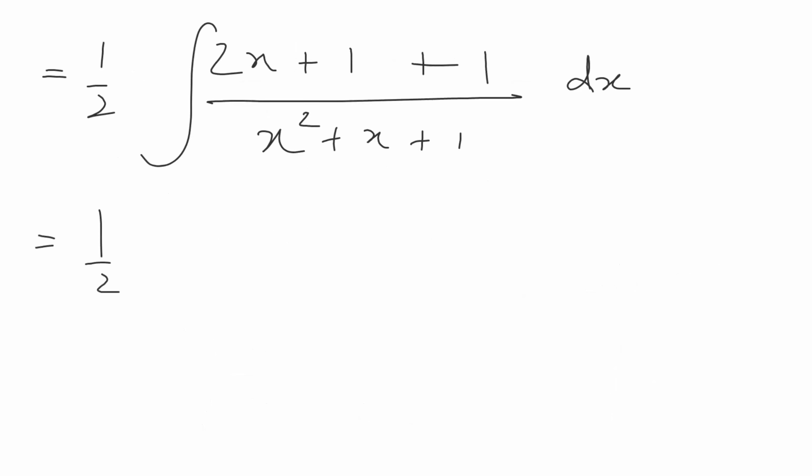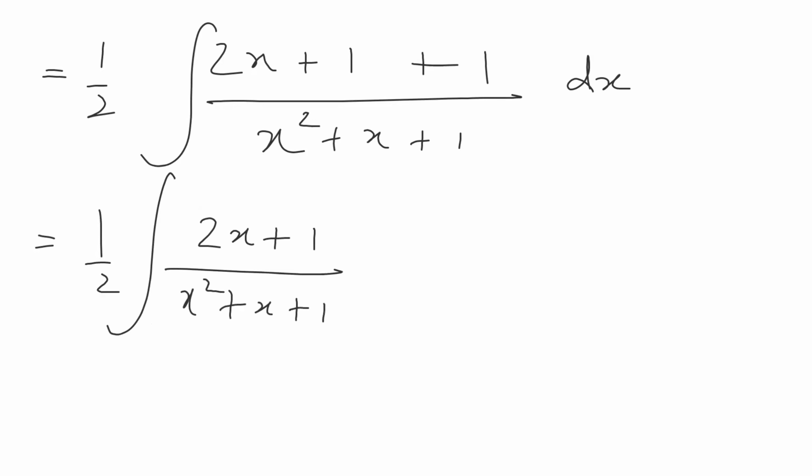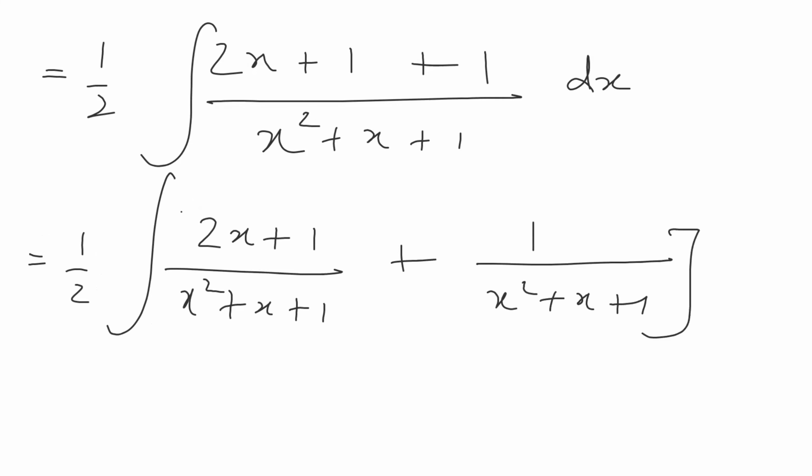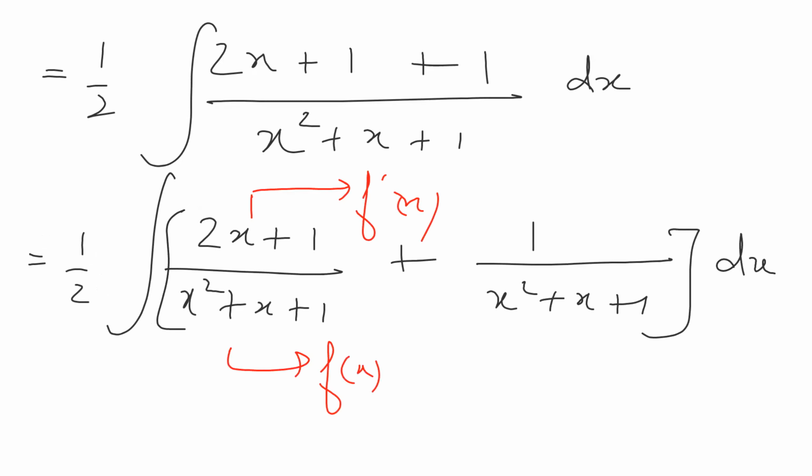Now I'm going to split this into two parts. Integration of 2x plus 1 upon x square plus x plus 1, and remember, this is I1, plus 1 upon x square plus x plus 1 dx. The first part will be f dash x upon f of x, and the second part will be half into coefficient of x the whole square.